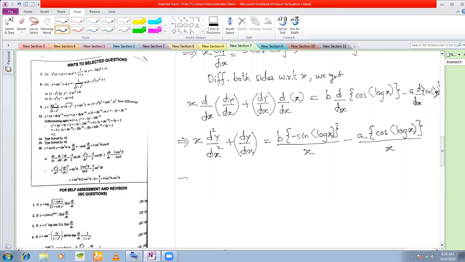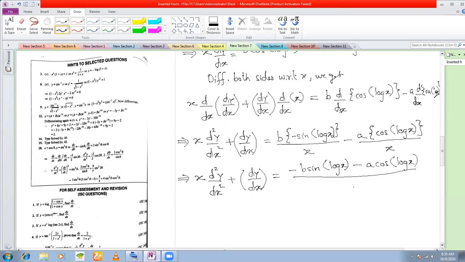So now see what we get here. We get x d2y dx2. No need to put the value of dy dx here. You will get the result directly, in fact. x d2y dx2 plus dy dx is equal to, okay, you take the LCM here, you get minus b sine log x minus a cos log x whole divided by x.